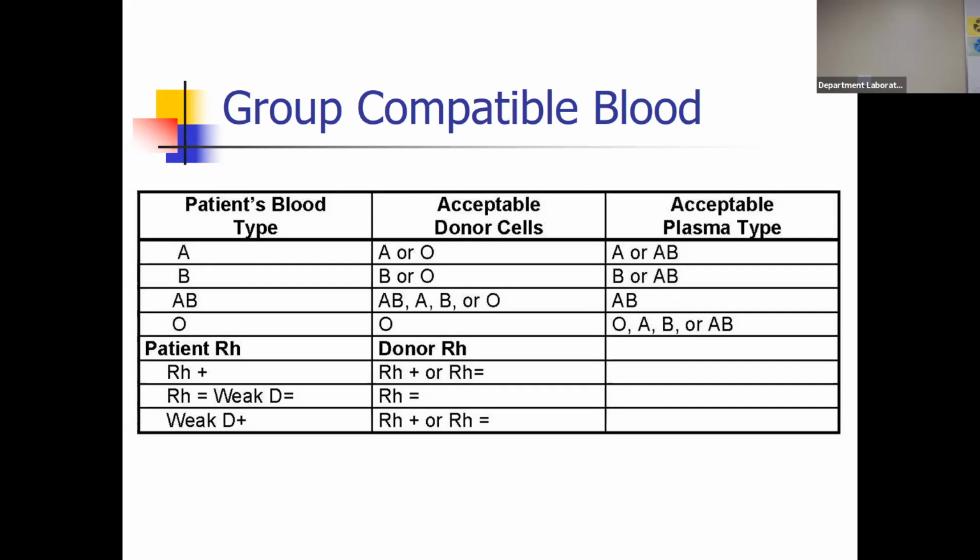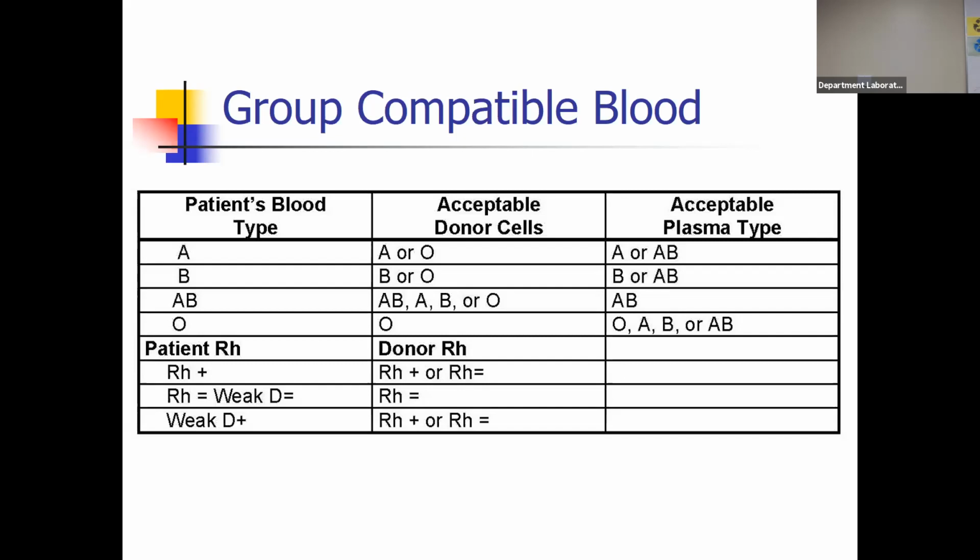And then for Rh, if your patient is Rh positive, they can safely receive Rh positive or Rh negative. If your patient is Rh negative, B negative, they should probably only receive Rh negative. There are some extenuating circumstances. If your patient's a male in a trauma situation using a lot of products, we will switch them over to Rh positive.